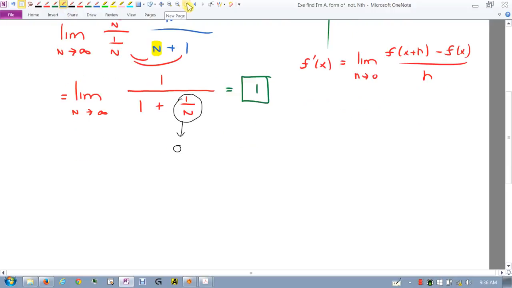That was just to get us thinking. How about limit n goes to infinity of natural log n over n? What do you think here?